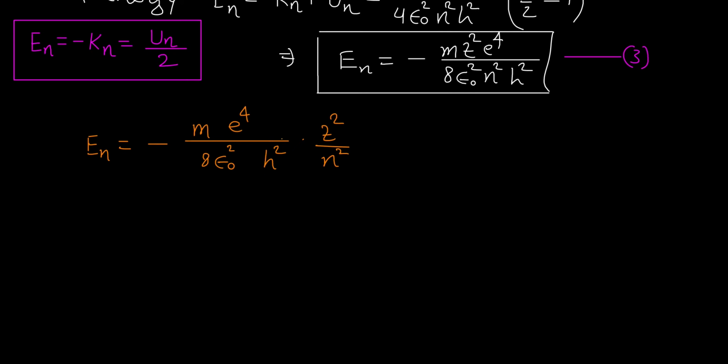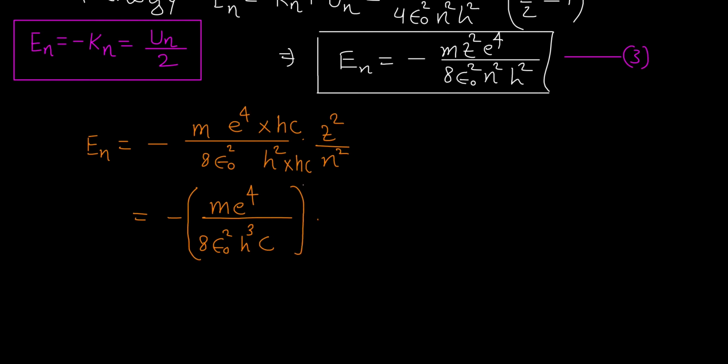Now we multiply the numerator and denominator both by h into c. So now it will be minus m e⁴ divided by 8 ε₀² h³ c, taken together, and then this is h c Z² divided by n².